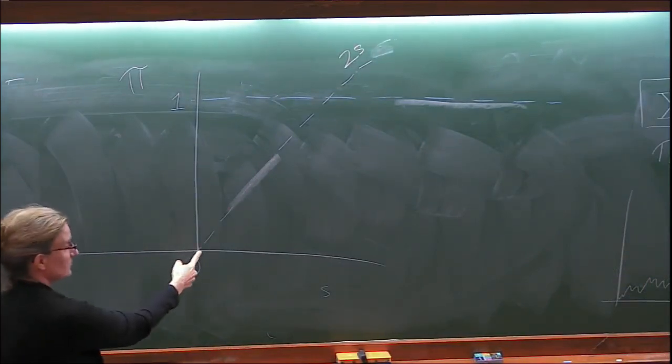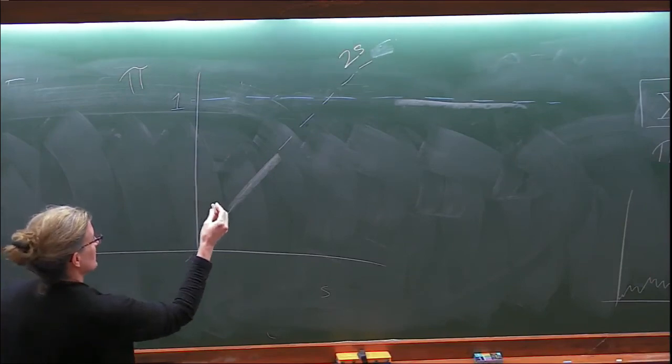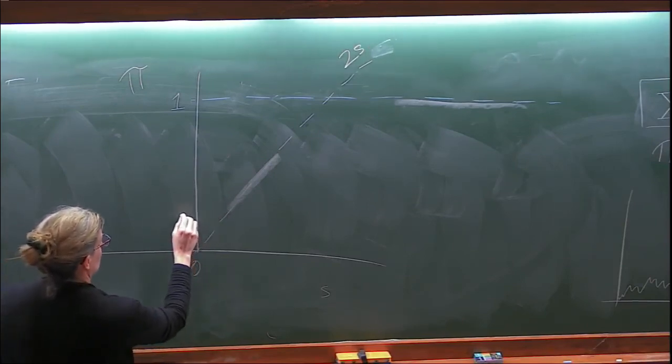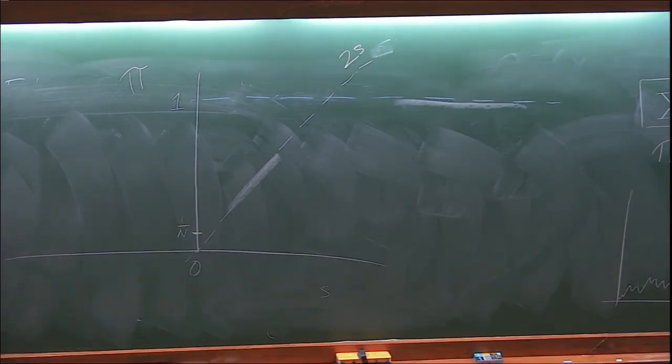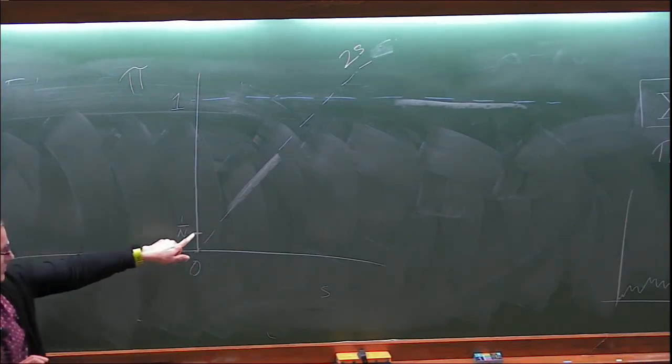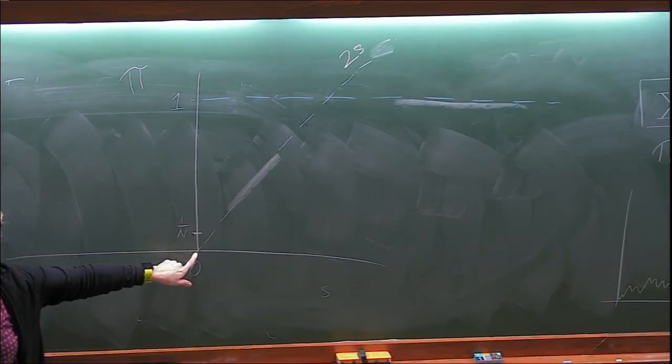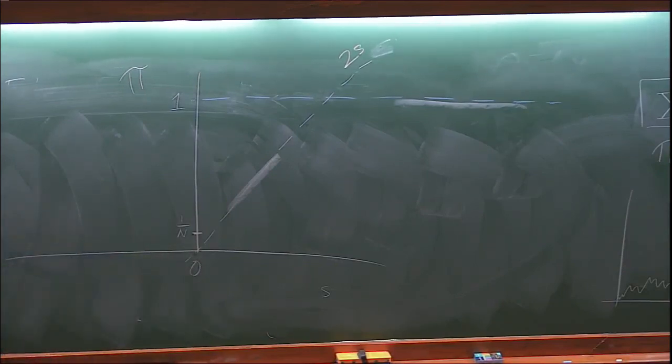When S is 0, we need to be at 1 on n. Let's say it's there. But notice that 1 on n is much bigger than 2S, right? It's because this mutation is in that neutral zone.